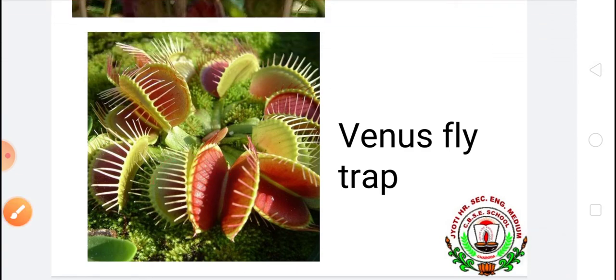The question might be asked in the exam: name some insectivorous plants. One is pitcher plant and another is Venus flytrap. These two plants are called insectivorous plants.